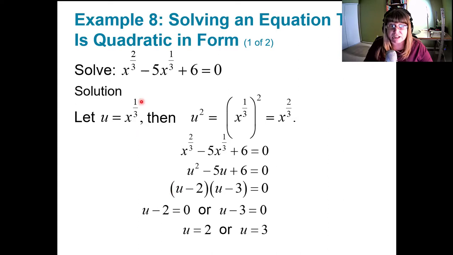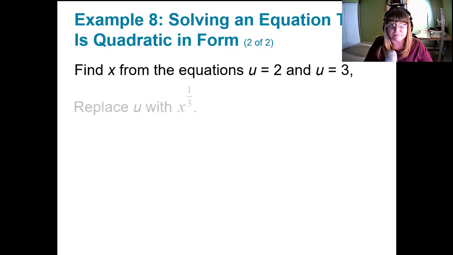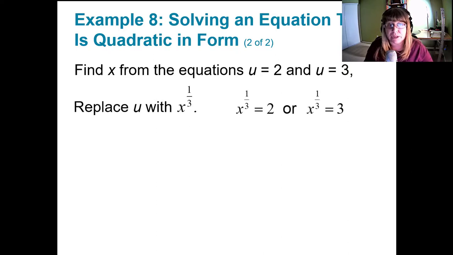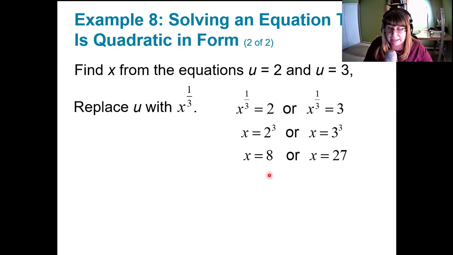u is x to the 1/3. So I have to put x to the 1/3 where u is. So we get x to the 1/3 equals 2, or x to the 1/3 equals 3, meaning x is 2 cubed, or 8, and x is 3 cubed, or 27.